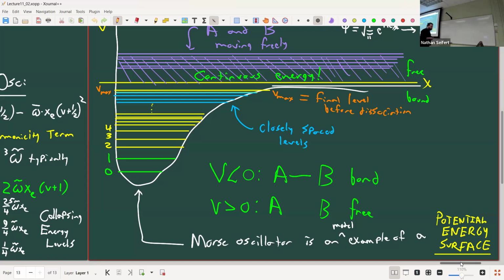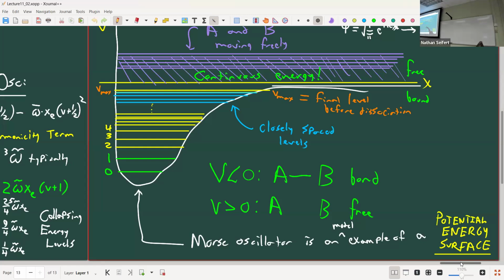Just at the limits, it starts to fail. But by failing, I mean it's just off a little bit. But up to 99%, if you will, accuracy, this is a really, really good approximation for what a bond looks like. Take two atoms and pull them apart. It has this potential. This is a totally general way to approach the concept of a bond, strength of a bond.